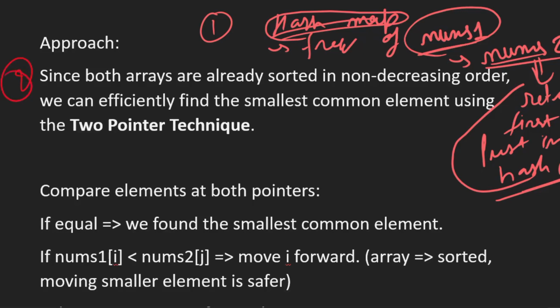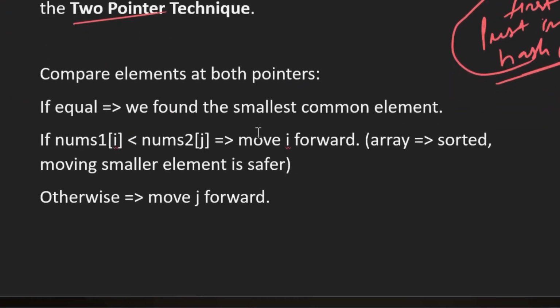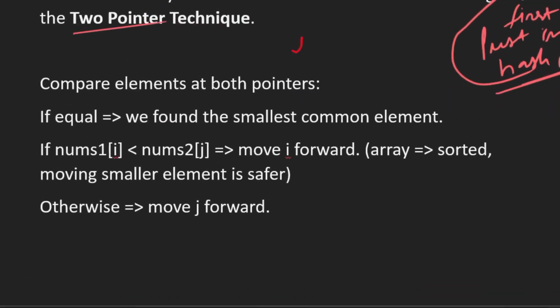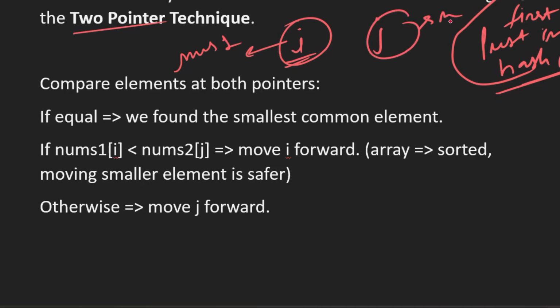Instead, as we know both the arrays are already sorted, we'll be using two pointers to compare the elements, right? We'll take two pointers, let's say i and j. i will be for nums1 and j will be for nums2.